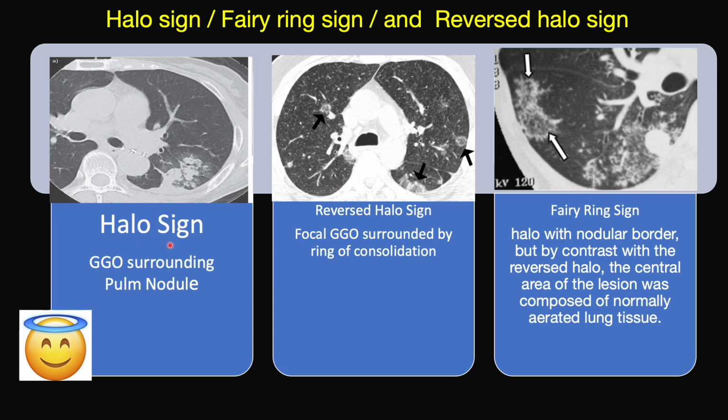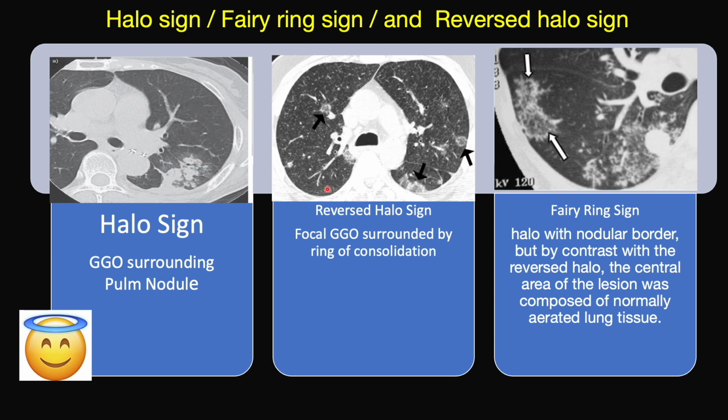Now halo sign, there are a lot of causes, a lot of differentials like infections, neoplastic causes, especially invasive aspergillosis is a very strong differential, and it really means that there are intraalveolar granulomas and aggregates and in the surrounding area you can see the ground glassing.